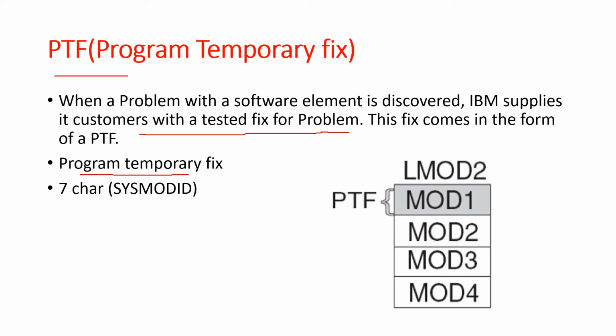PTF may be used as preventive service to avert a certain known problem that may not yet have appeared on a system, or as corrective service to fix a problem you have already encountered. Each PTF has a unique 7 character identifier that we call the SYSMOD ID.